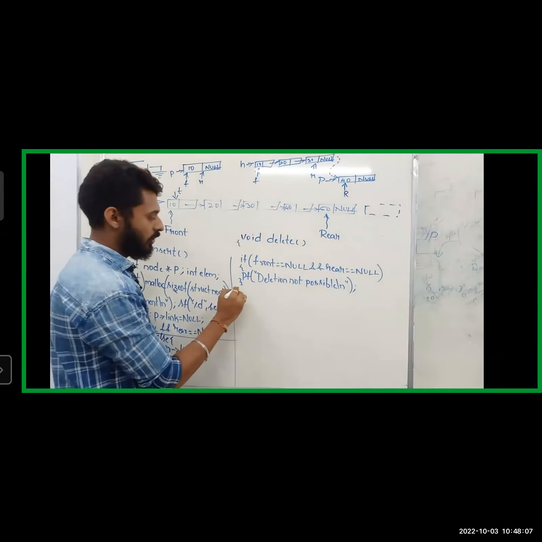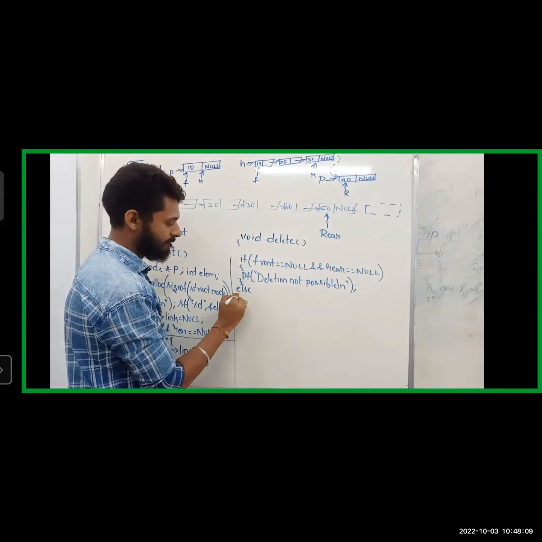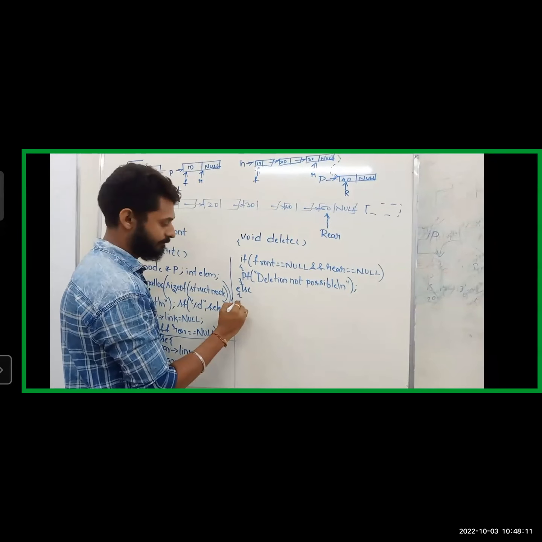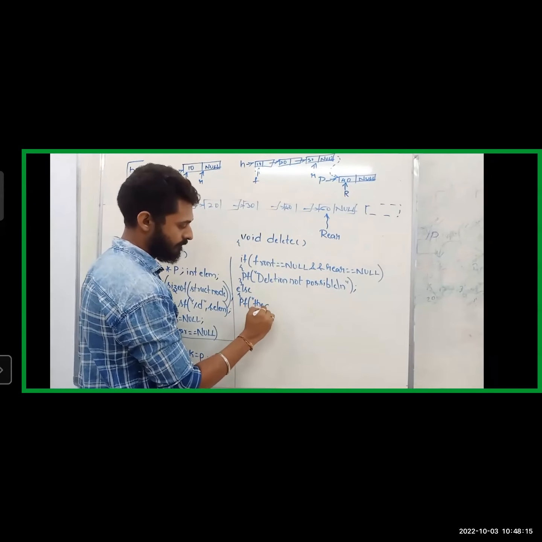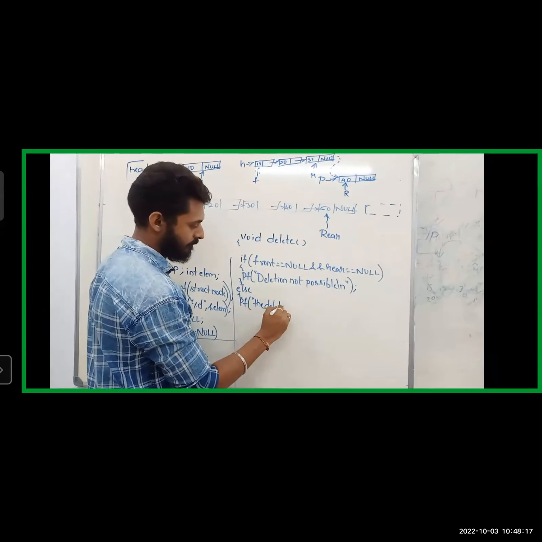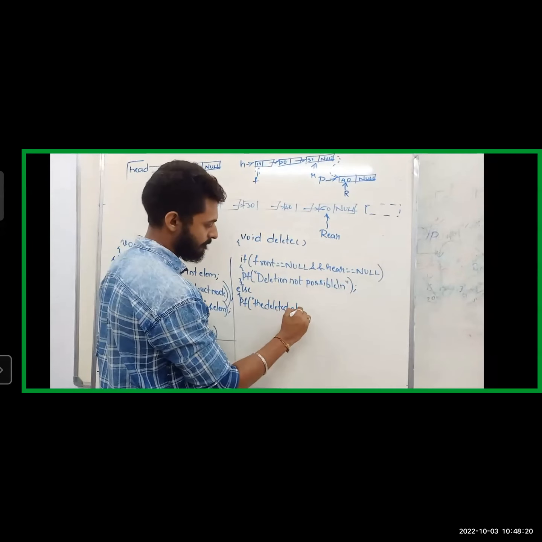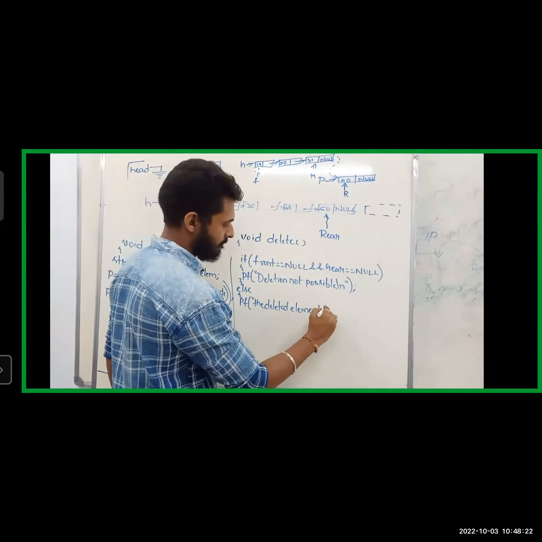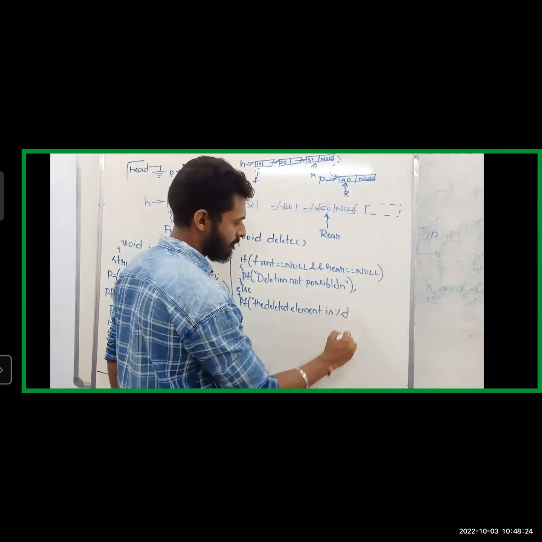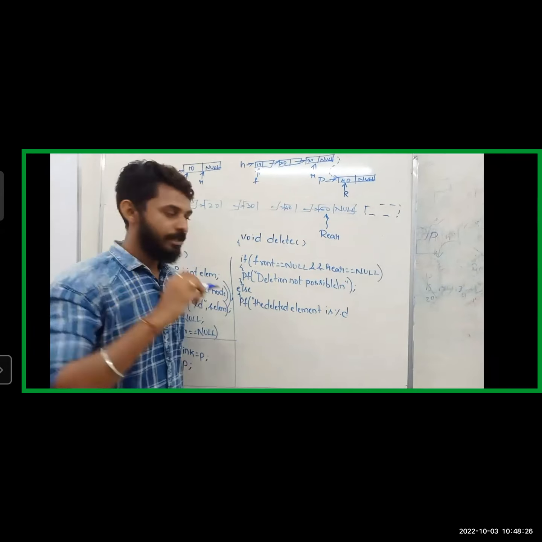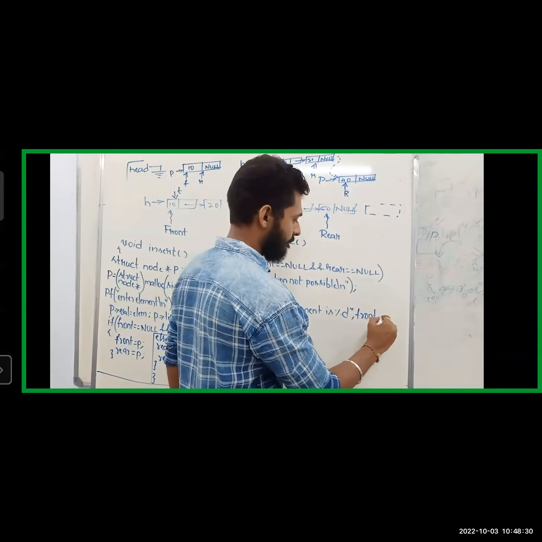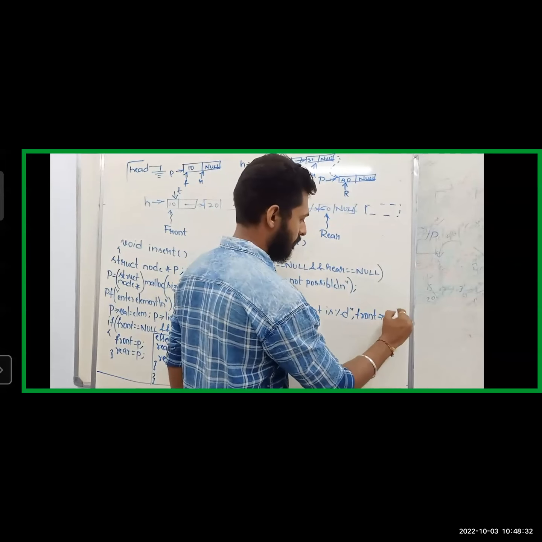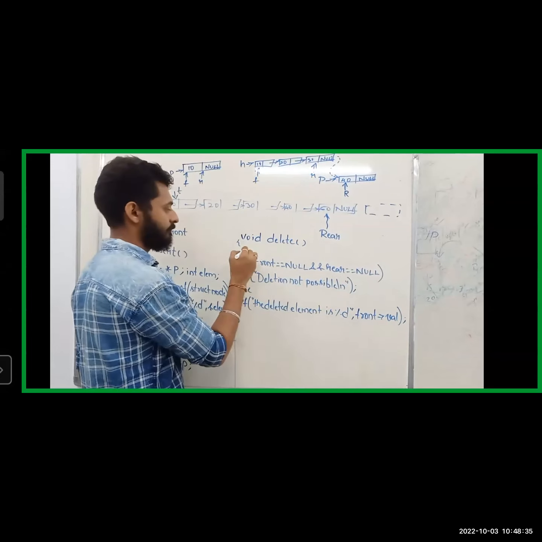Deletion not possible. Else, what should I do? printf percentage d, and I will say that front's value.